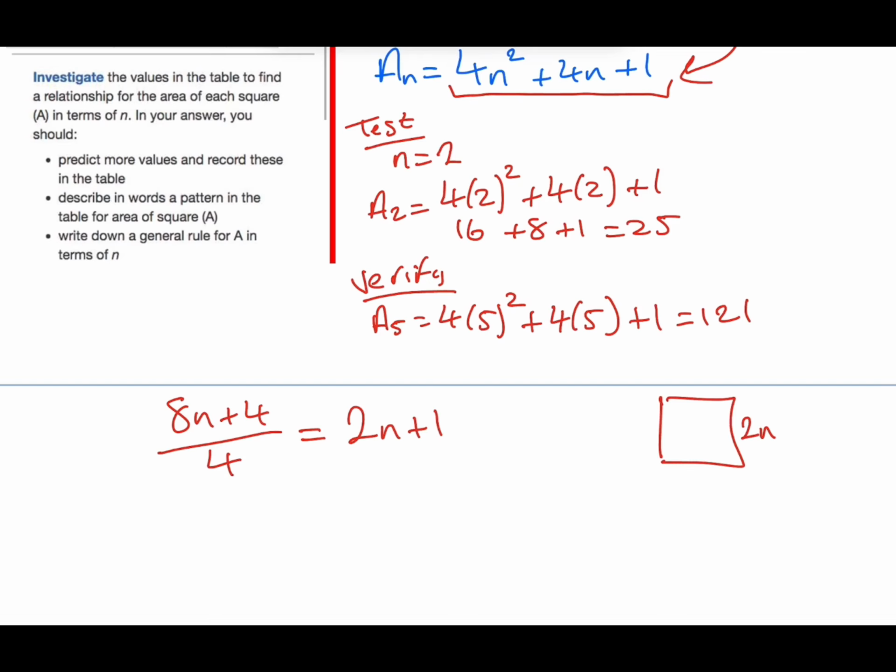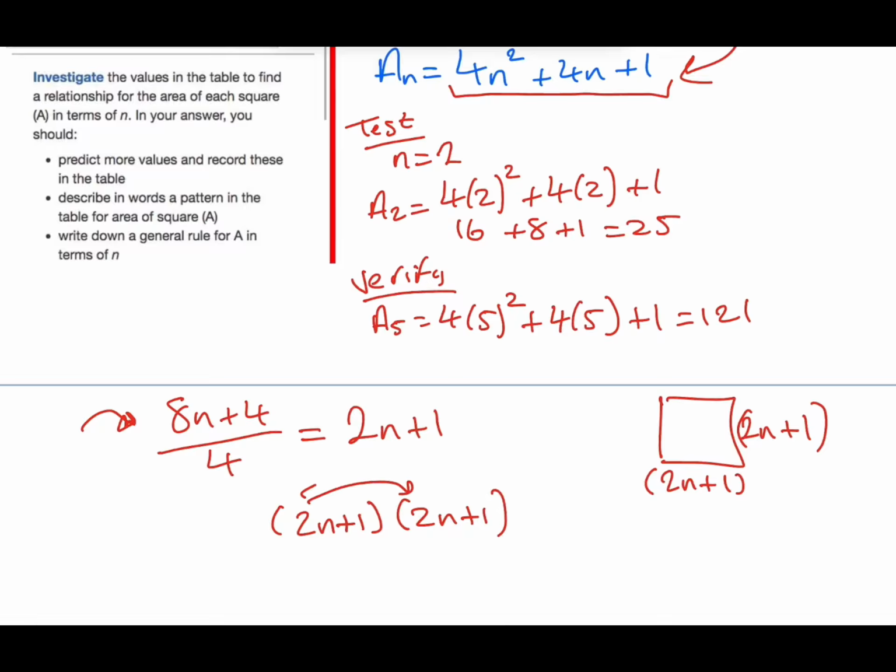So that means the expression is 2n plus 1 and 2n plus 1, based on the sequence from the first part of the question. So if I use these as my sides, the area of the square is you just have to multiply them together.